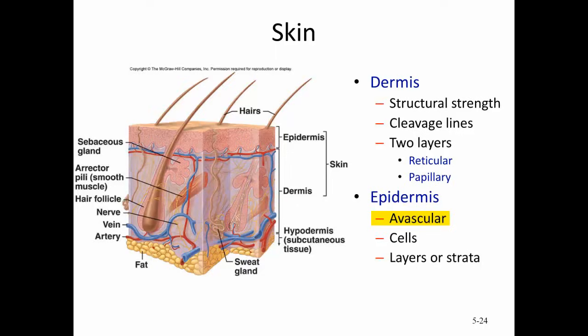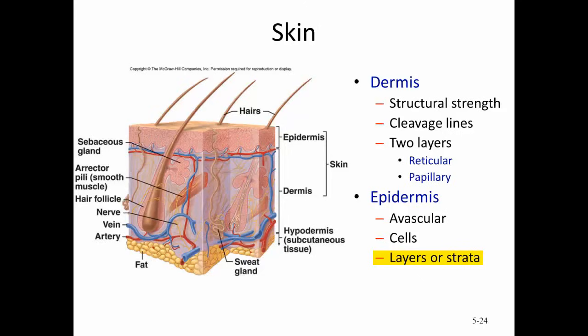But the epidermis itself is avascular, no blood supply. It gets its nutrients and everything by diffusion. It's made up primarily of cells, and the cells are going to be stratified squamous epithelium. And it's going to also have many layers to it too.